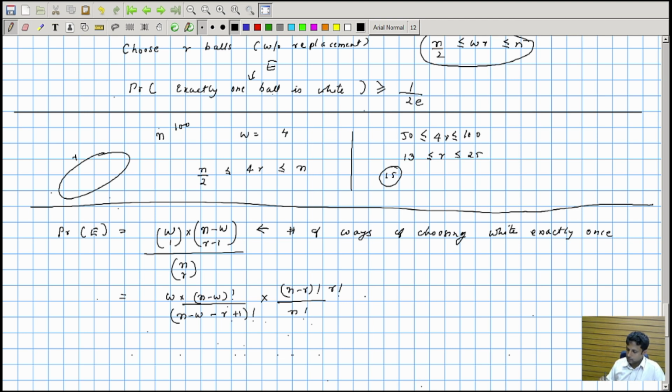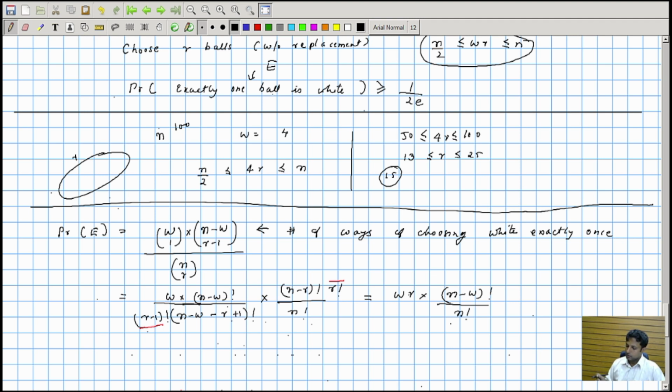So this is equal to, n minus W choose R minus 1 is n minus W factorial by n minus W minus R plus 1 factorial into R minus 1 factorial. And this would give us W into R minus 1 factorial and R factorial cancels out, giving R, and the remaining we can write as n minus W factorial divided by n factorial.